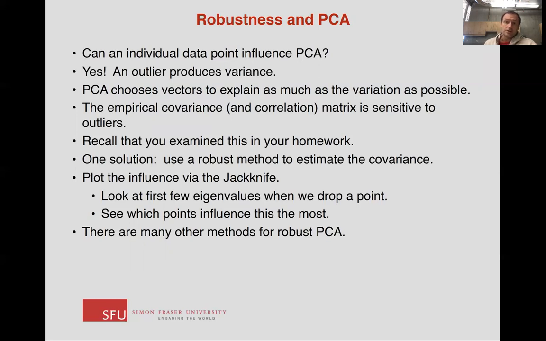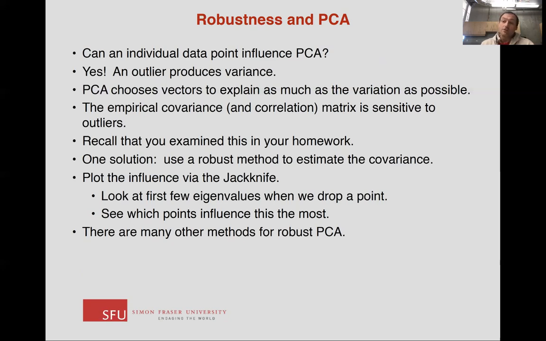As a diagnostic to see whether or not there are outliers influencing principal components analysis, you can use a jackknife and look at the values of the first few eigenvalues as we drop points. So again, we're looping through the data, dropping one of our points, running principal component analysis on the data without that one point, and then storing the first L eigenvalues.